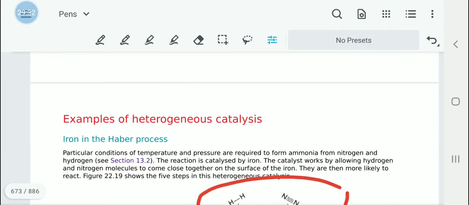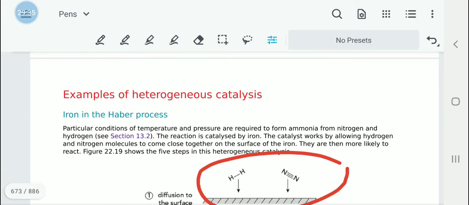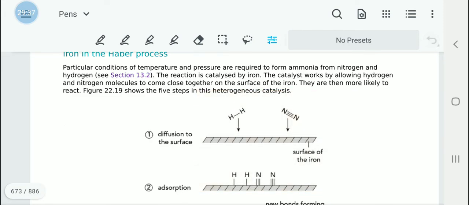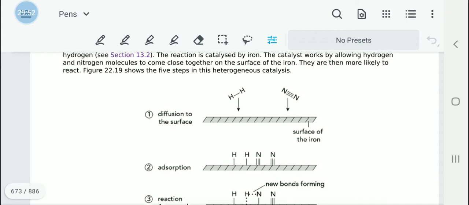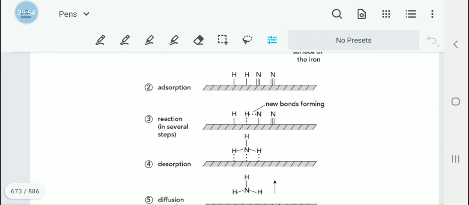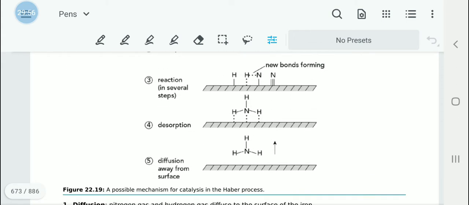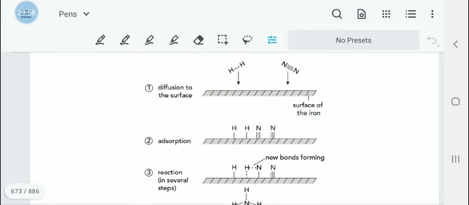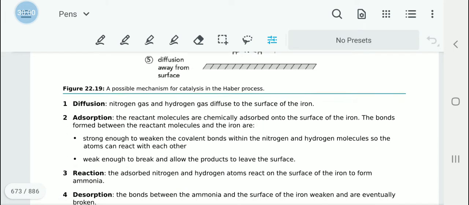Write down. In the Haber process, the production of ammonia from nitrogen and hydrogen is catalyzed by iron. Please draw figure 22.19, then it would be easier for you to understand it.